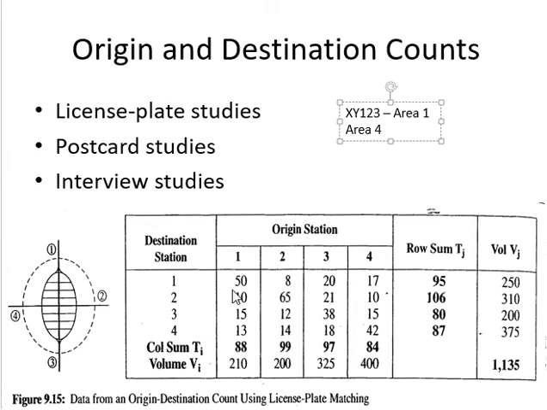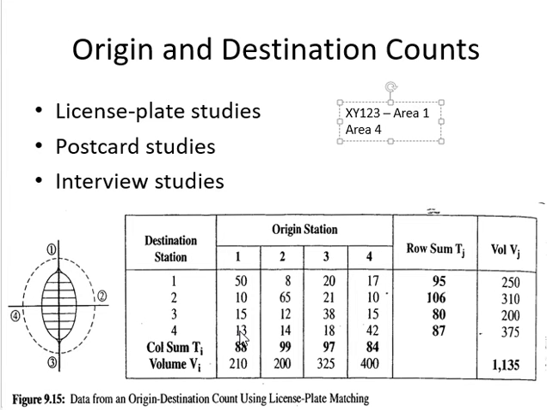Now when you do the summation of the first row, this is the total number of people who in your survey said they went into area 1. So this summation should match with the volume count you have. Now the summation is 95 because obviously, as I said, it's just a sample, but the actual number should have been 250. So now I have to come up with a method to make this 95 close to 250.